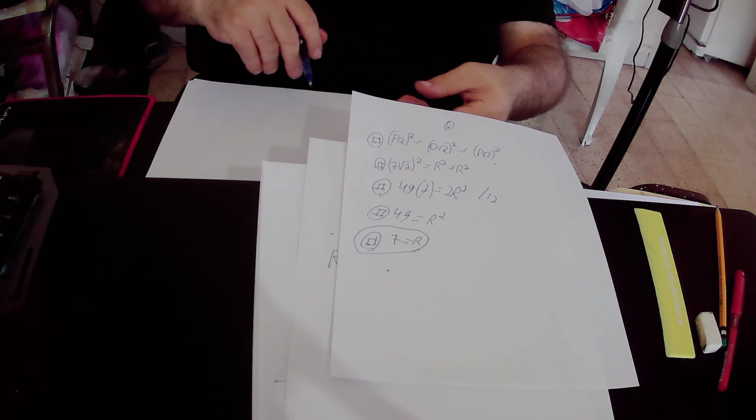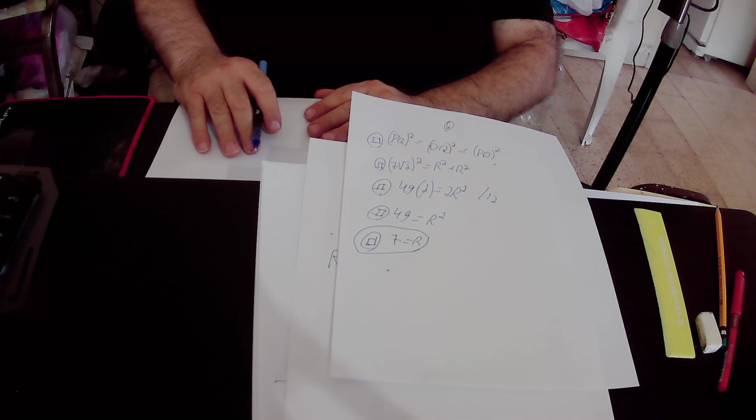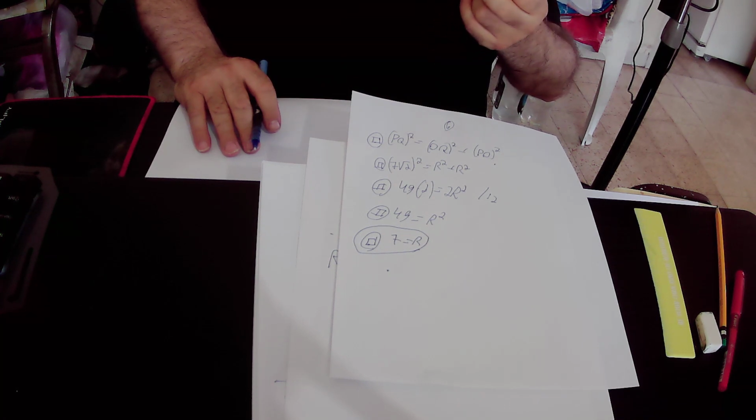So the root of 49 is positive 7, because the other root, negative 7, is impossible, because we are talking about radiuses, and a radius of a circle must be a positive number. So we take into account only the positive root of 49. So we got that the size of the radius of the semicircle equals 7 units.